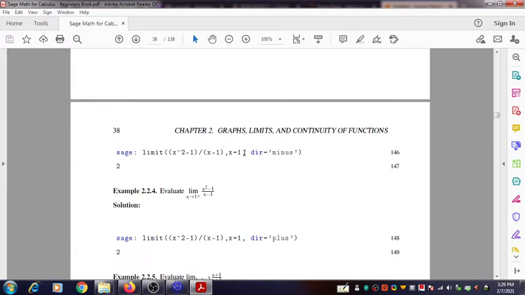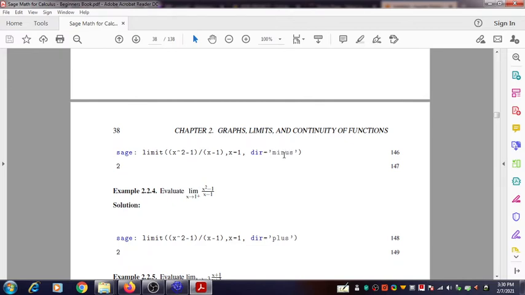You have to use a comma, and then specify the direction: put dir equal to in quotation marks. When you put a single quotation mark, the system automatically adds the closing quotation.